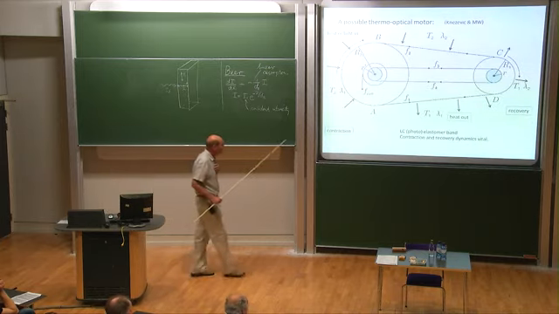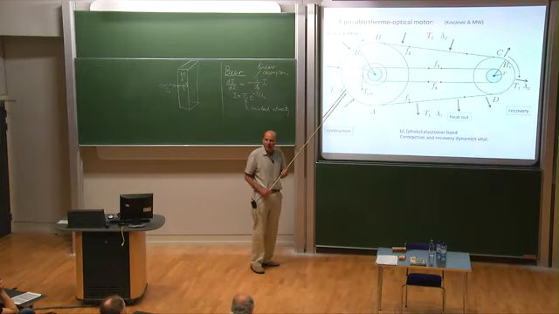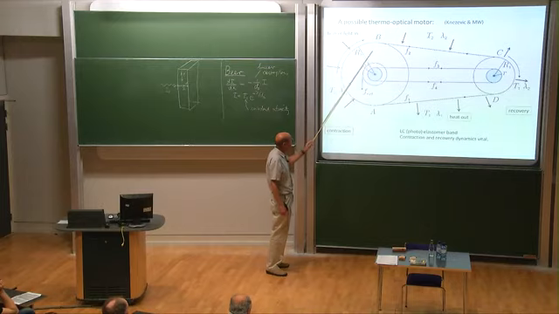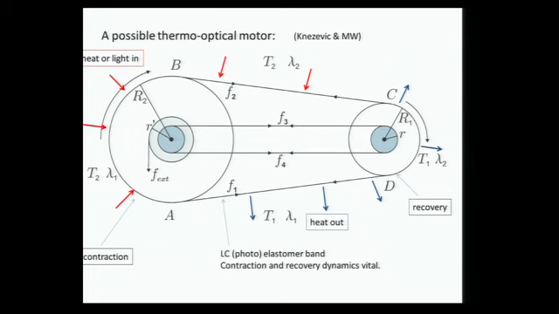Well, here's an example of what we might call a motor, and it consists of two wheels of different radii, and connected around these wheels is a band of liquid crystal photoelastomer, which goes right around.